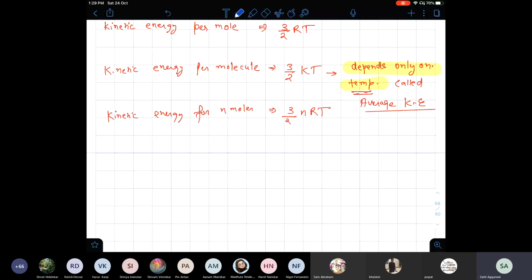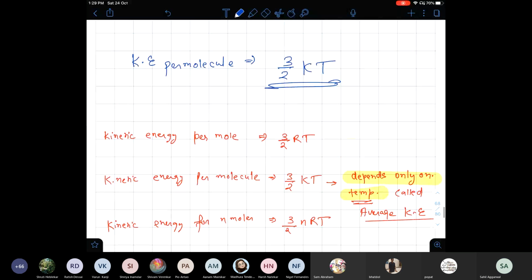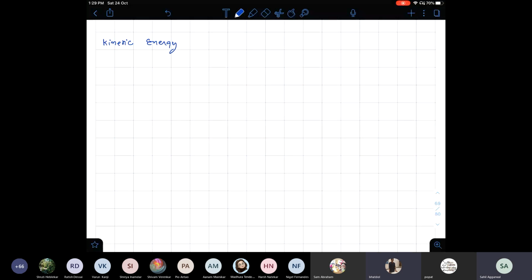Okay, let's do a question. Kinetic energy of a gas molecule is x kilojoule at 1 atmospheric pressure and 300 Kelvin.